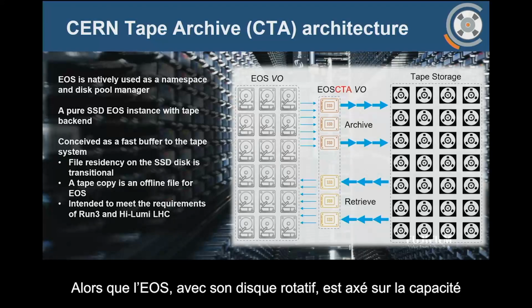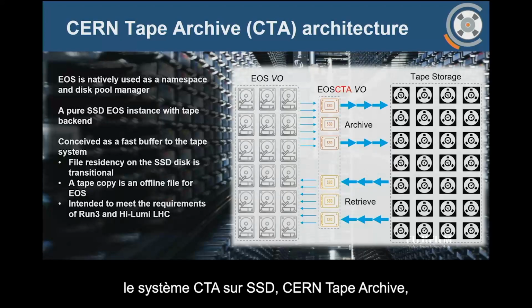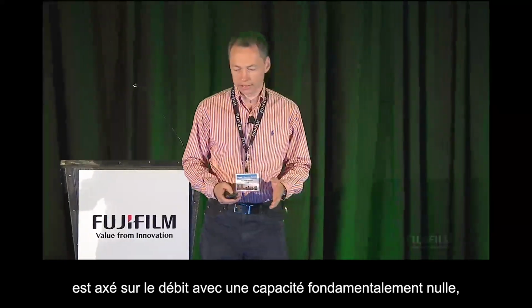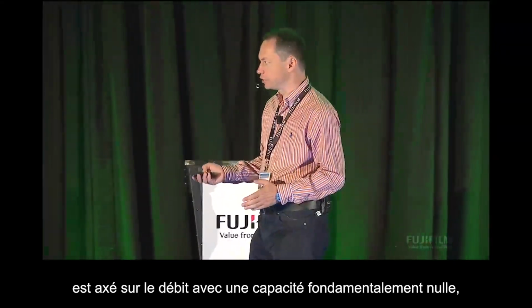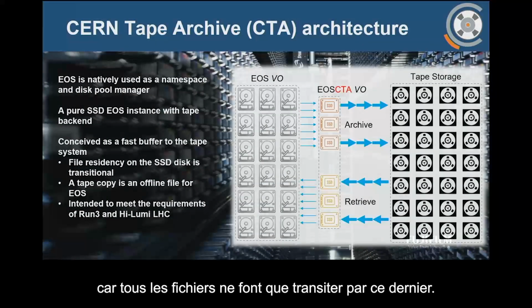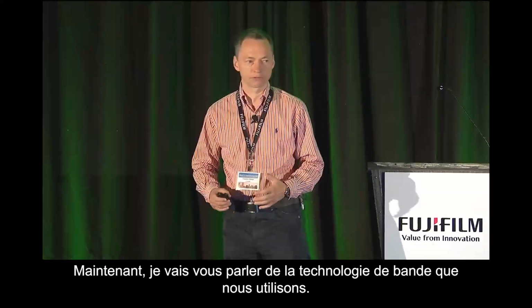So while the big EOS with the spinning disk is capacity-oriented and the bandwidth is a byproduct, the SSD-based CTA instance, CERN Tape Archive instance, is really throughput-oriented, and there is essentially zero capacity because all files are just transitioning through this instance.